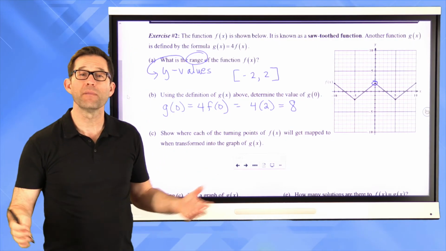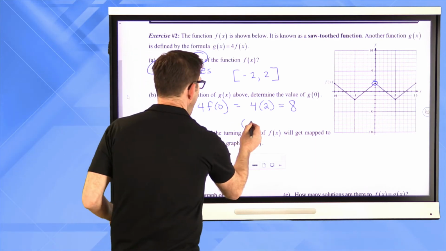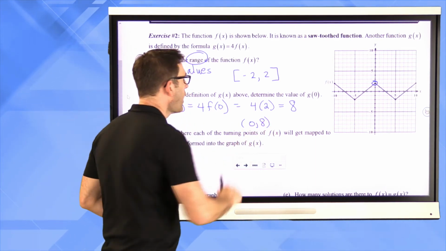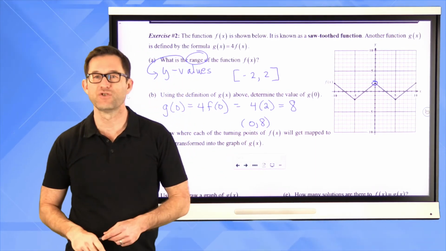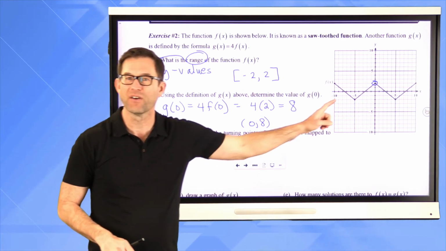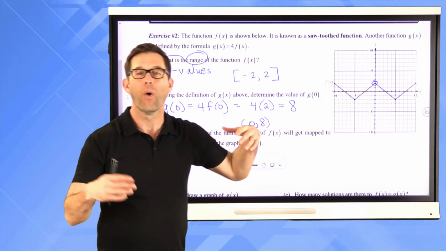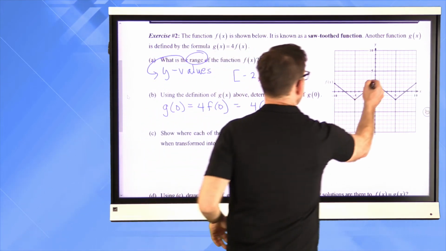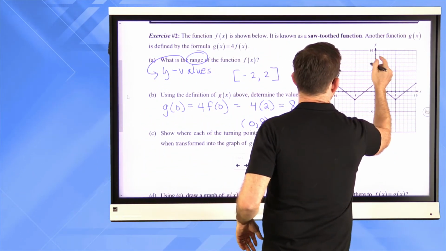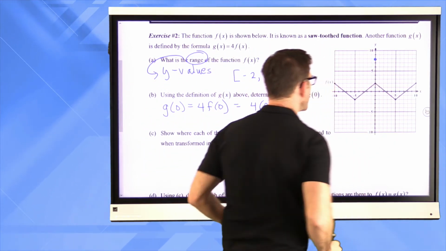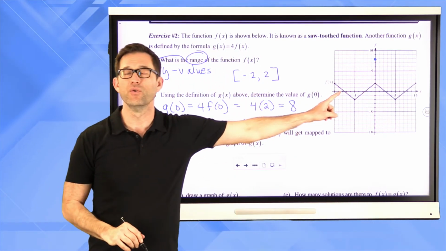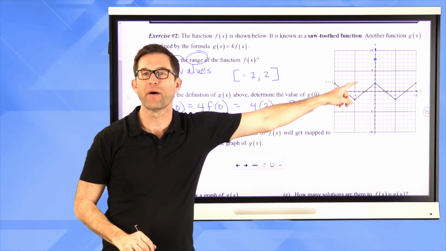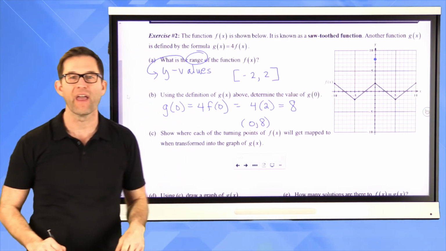Now, of course, what that immediately tells me, even though the problem doesn't ask, is that the point (0, 8) must lie on the graph of g, right? And that's kind of cool. It tells me that this point, underneath this transformation, is all of a sudden going to go all the way up here, right? That y value of 2 is going to be multiplied by 4 and become a y value of 8.